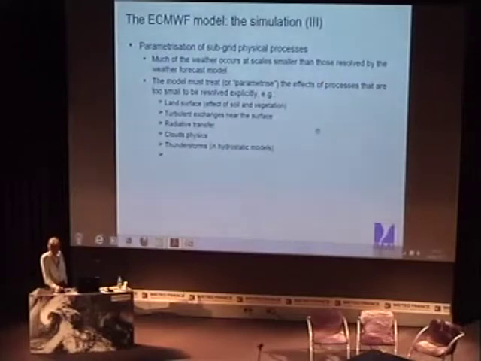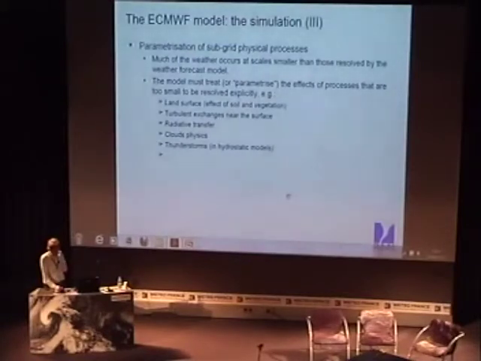A major source of uncertainty is the parameterization of subgrid physical processes. Just because we work with a grid, the resolution of the model is limited to 16 kilometers. There are many processes that are taking place below the resolution of the boxes of the grid. In order to take account of these, you cannot simulate them explicitly since they work at a smaller scale than your grid.